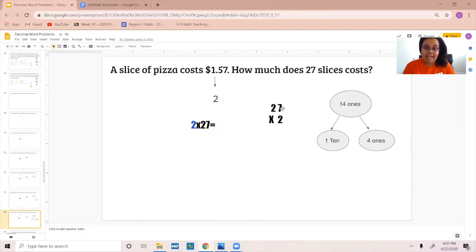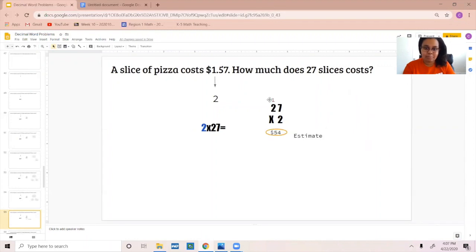After I do that, I know that my 4 ones is going to stay down at the bottom, and my 1 ten is going to go up here above the 2. Let me show you. Here you'll see the final answer. 4 ones stayed down here, and the 1 ten came up in my tens column above the 2.